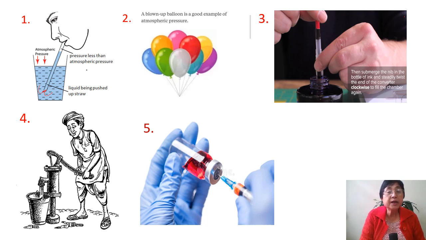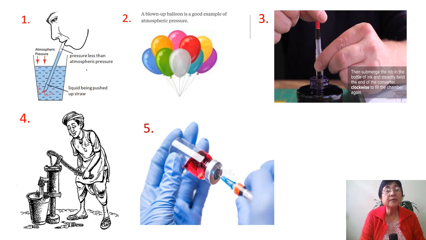But atmospheric pressure is acting on the surface of this drink. So this atmospheric pressure now will push the drink to enter into the straw, which will come to your mouth. In fact, you are sucking the air only.